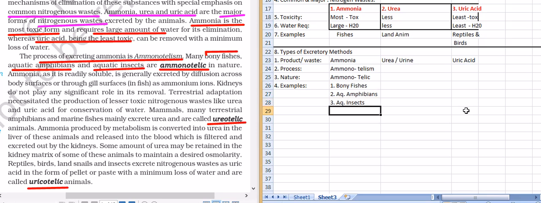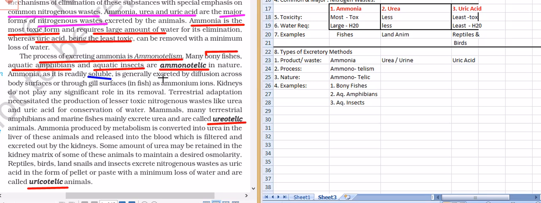In the same way, next we will have three examples. We'll see examples later for that. Here some other extra information was given, like special properties. These three examples are completed. Next, ammonia is readily soluble. This is one property, and because it is soluble, it will diffuse easily.